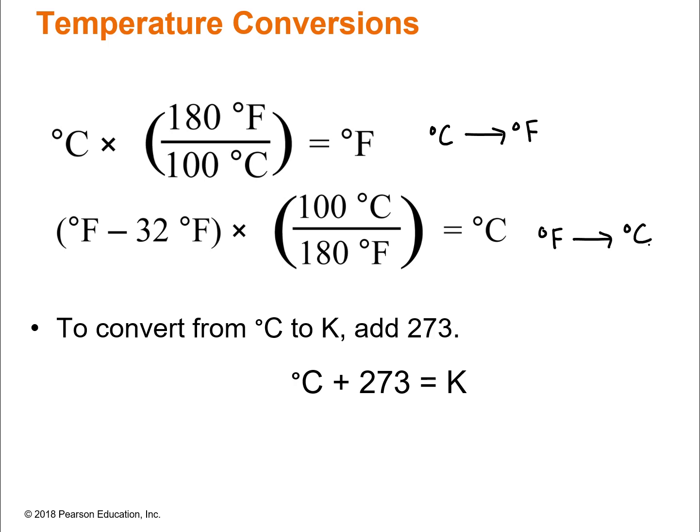If you want to convert from Celsius to Kelvin, you add 273. And likewise, if you want to go from Kelvin to Celsius, subtract 273.